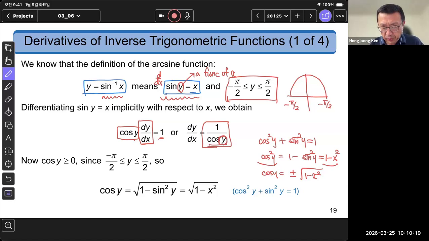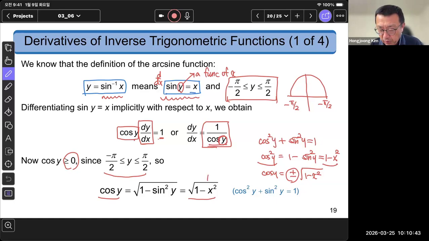So on this interval, my cosine must be non-negative. So between these two possible choices of the sign, I must choose the plus sign because cosine is non-negative. So cosine y will be plus square root of 1 minus x squared.